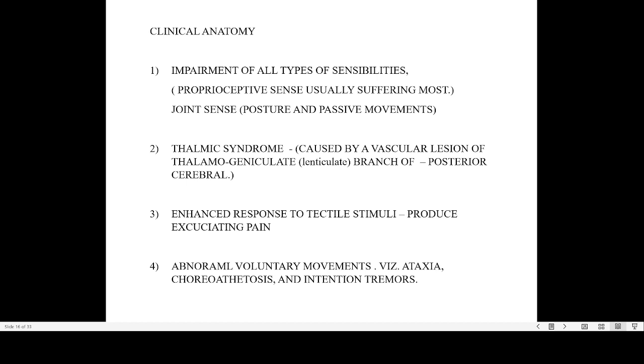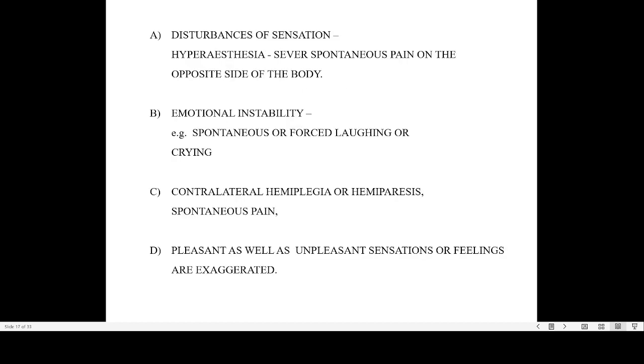Then enhanced response to tactile stimuli produces exaggerated pain. Then abnormal voluntary movements, that is ataxia, choreoathetosis and intention tremor. Then also disturbances of sensation, that means hyperesthesia, with severe spontaneous pain on the opposite side of the body.